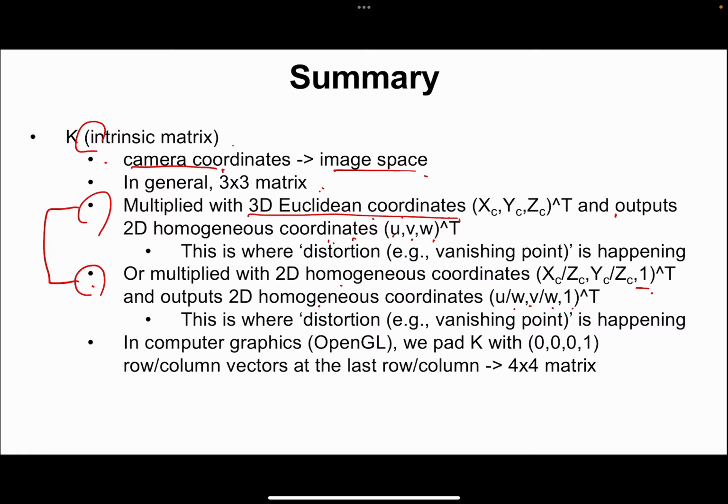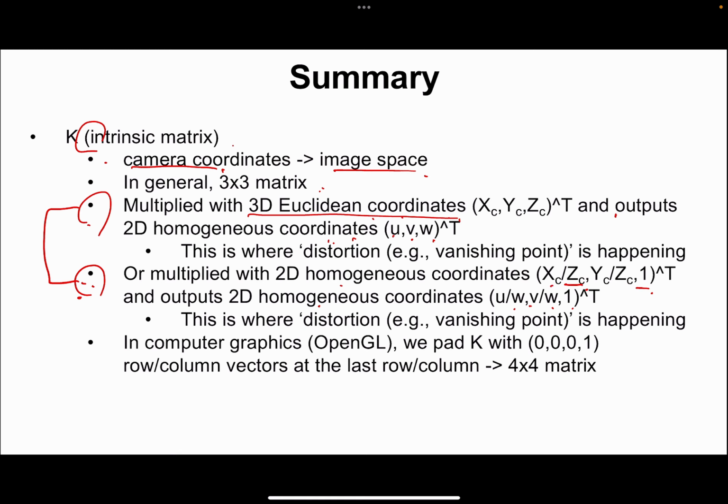This is where distortion is happening. Vanishing point or some discrepancy between 3D and 2D. All this stuff is happening here because we divide the coordinate by depth Z. So in the extrinsic matrix, there's nothing special, just a 3D translation, 3D rotation, that's all.